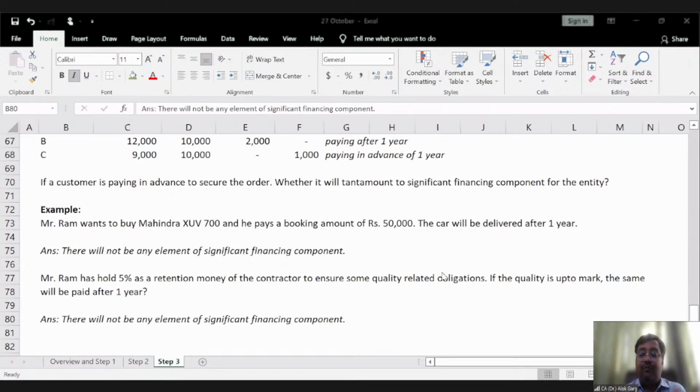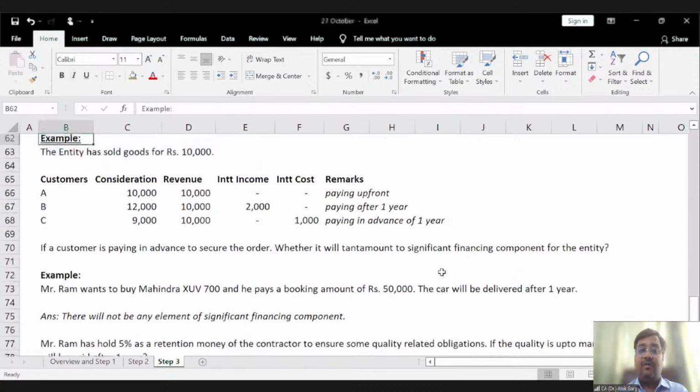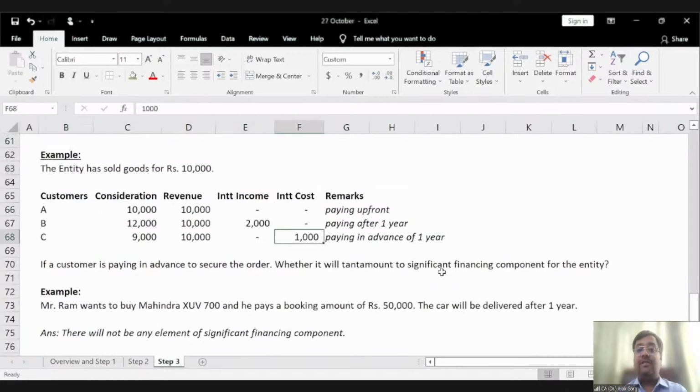So again, you need to distinguish the nature of expenses. Is it a discount which has to be netted off with the revenue, or is it a discount in the nature of interest cost? This is a discount in the nature of interest cost, right? And that is why the revenue has been recognized at 10,000 rupees, and interest cost has to be recognized at 1,000 rupees.